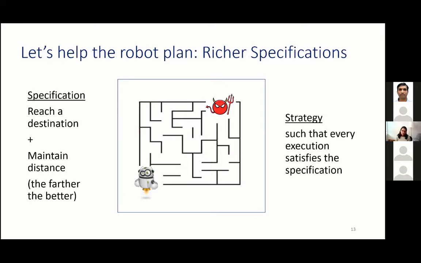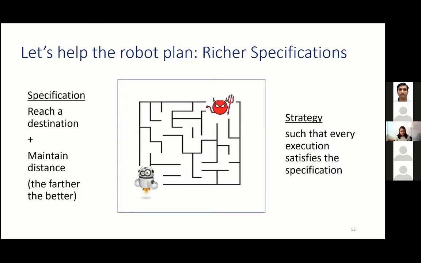So in these cases, we may instead want to say that overall, the distance that the robot maintains from the adversary should be high. There could be places where the distance is small, but in general, we want the distance to be large, and the larger the distance, the better it is.